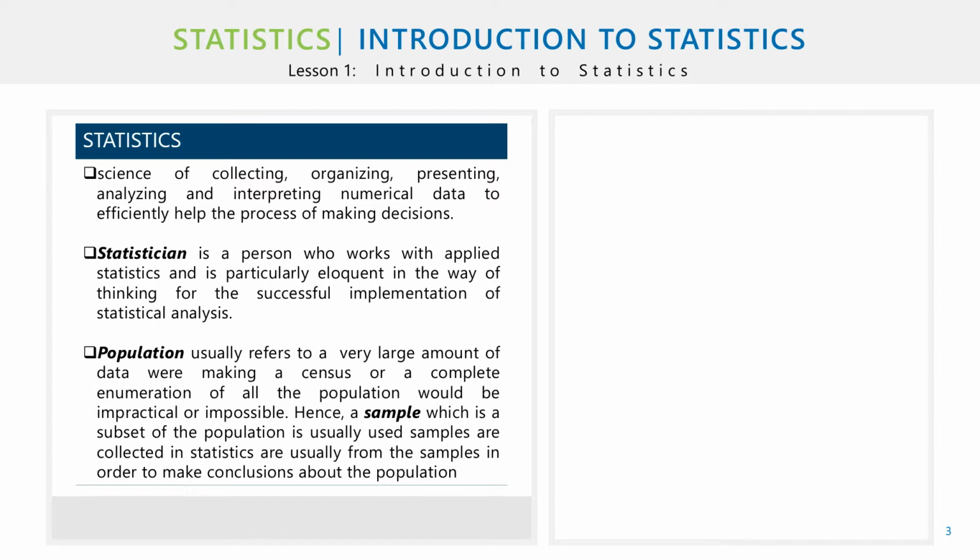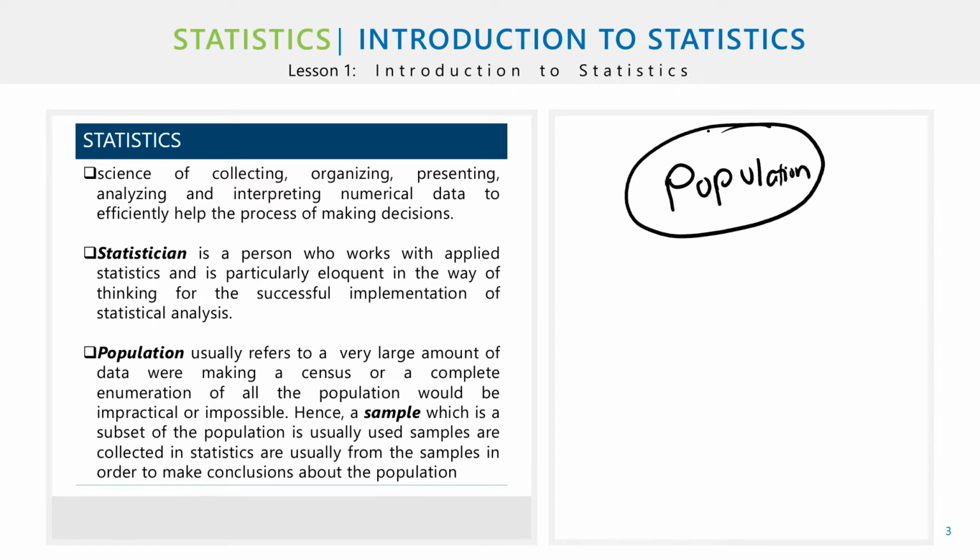Now, paano natin ma-differentiate si population and si sample? Pag sinabi kasi nating population, that is a very large amount of data, which means yung respondents mo is napaka-rami. However, sample is just a subset of the population, which means, if this is your population, which is a very large amount of data, itong si sample natin is just a subset of the population.